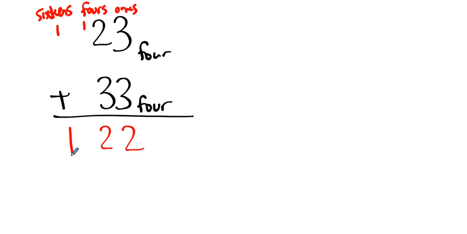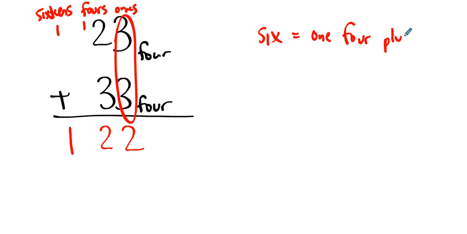It works exactly the same in other bases. We regroup in such a way that lets us hold place values constant. This 6 is 1 four plus 2 ones, and so we move that to the column where it belongs.